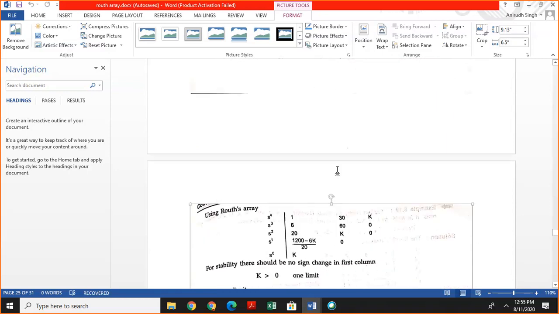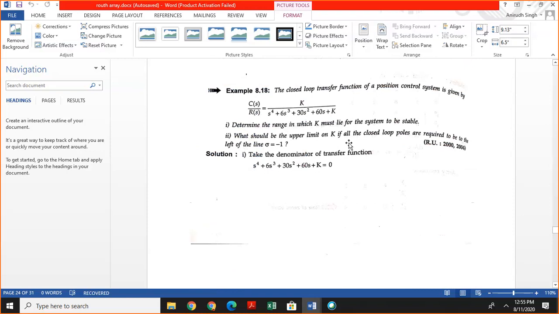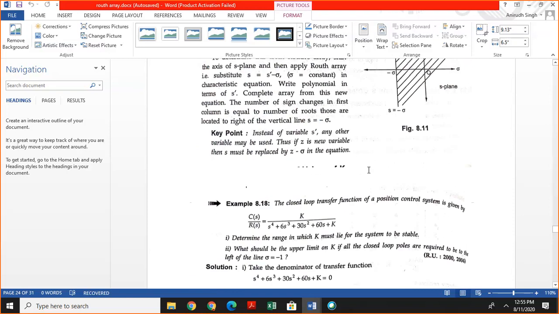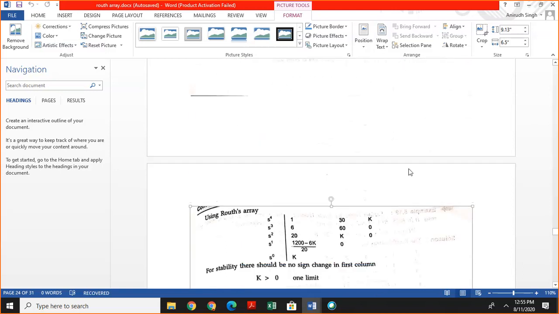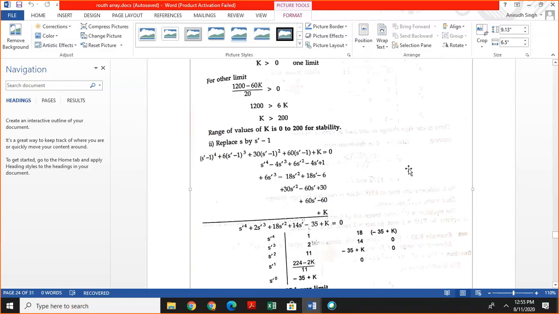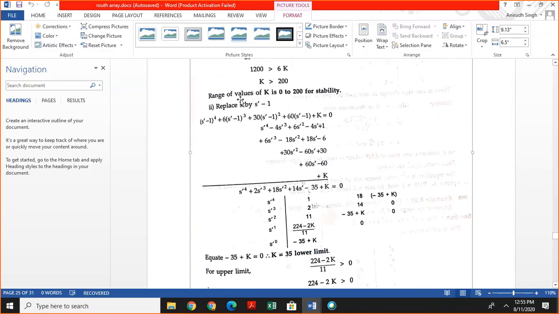For the second case, in which it is required that all the closed loop poles be in the left half of the line rho is equal to minus 1, meaning all the roots are in the left half of this line, you simply replace s by s dash minus 1 and substitute.